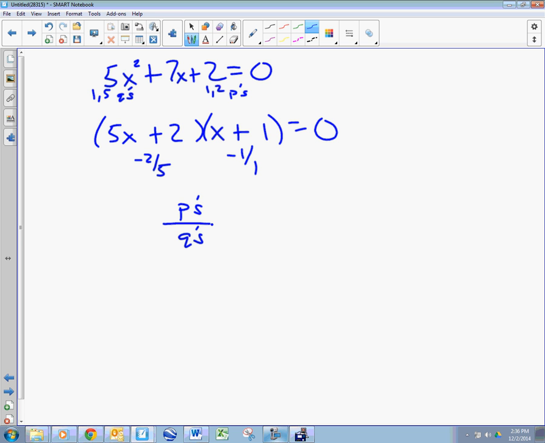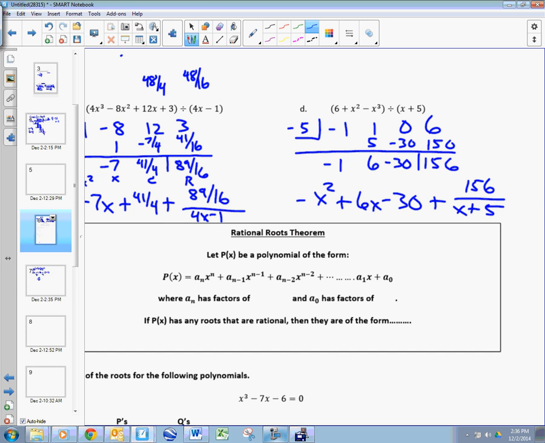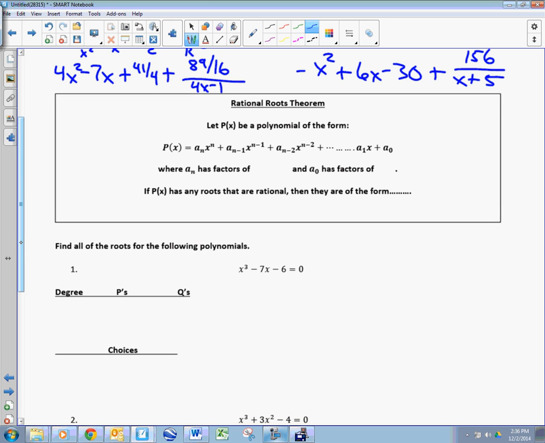Second of all, it also says that if there are rational solutions, meaning it can be written as a fraction, those will come from factors of the front and factors of the back. We don't have to worry about the middle. So when you look at a certain polynomial, you don't know how it factors. But we can make a really good guess and then begin factoring it.